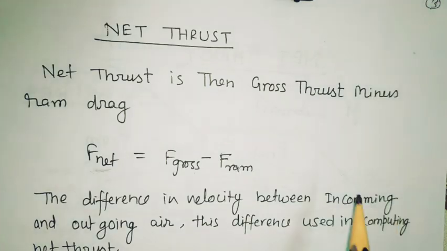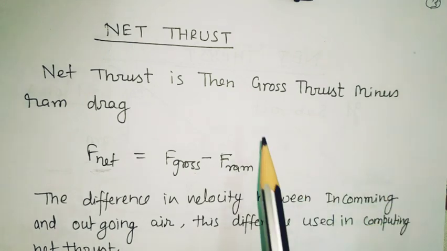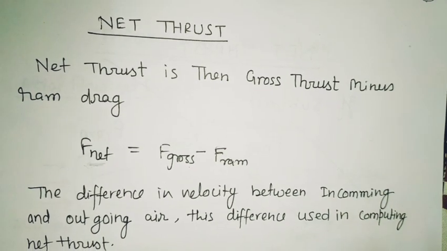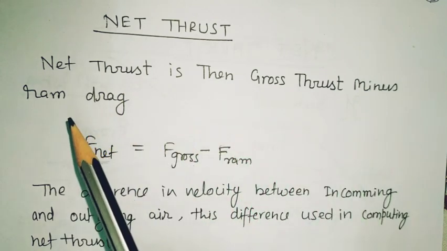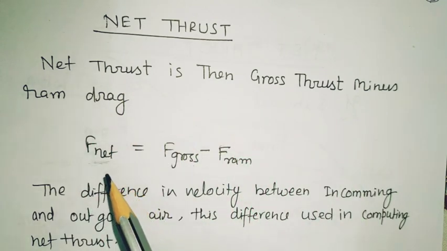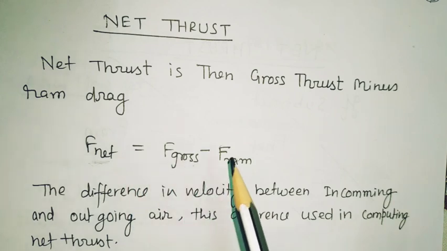Next is net thrust. What is net thrust? Gross thrust minus ram drag is called net thrust. The difference in velocity between incoming air and outgoing air is used in computing the net thrust.